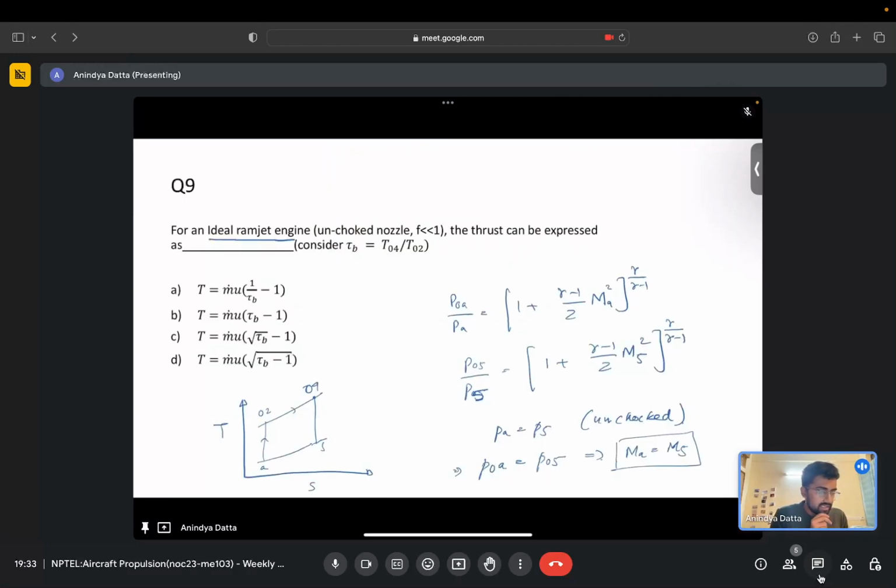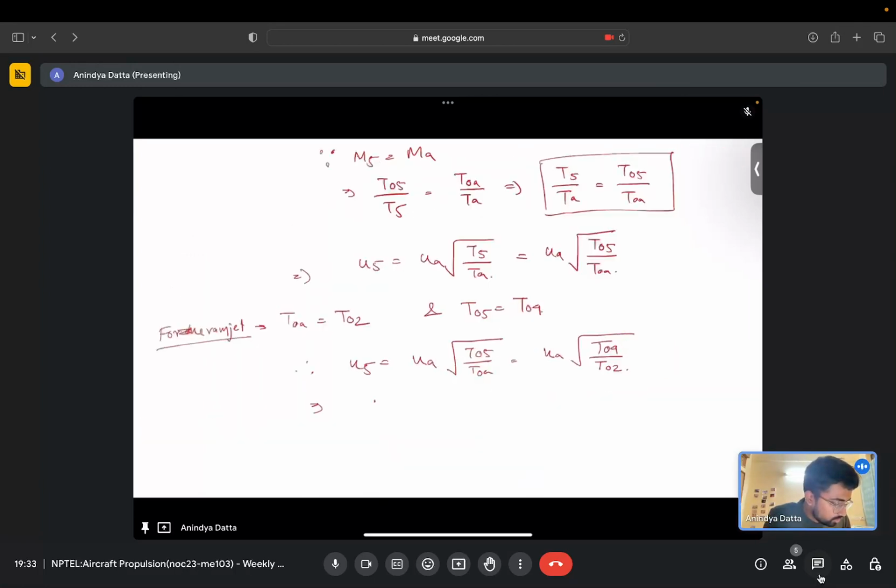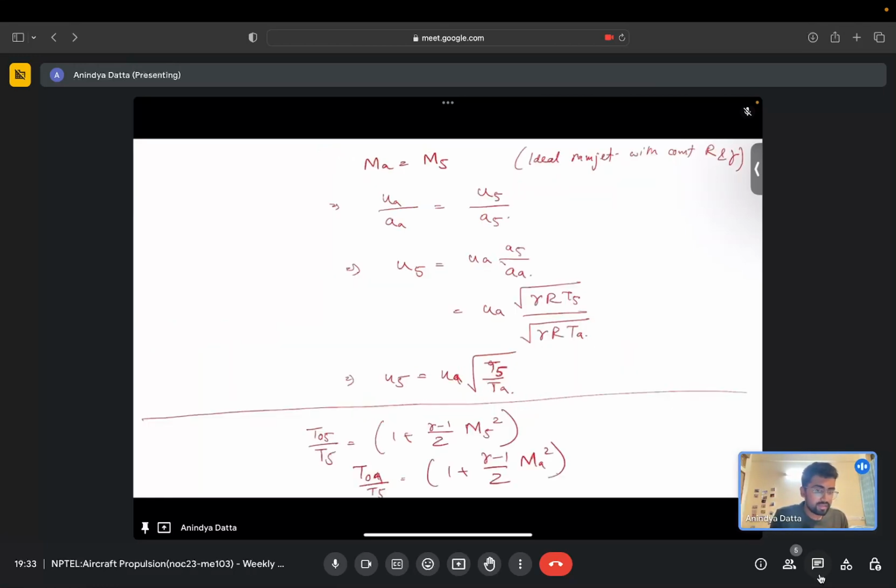And this T04 by T02 is represented by tau B here, okay. So U5 becomes UA times tau B, okay. Is this clear? So okay, let me repeat what I said.